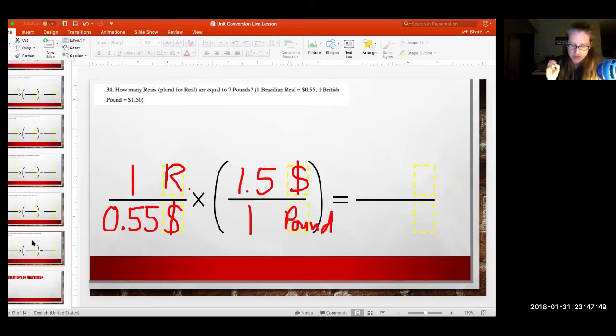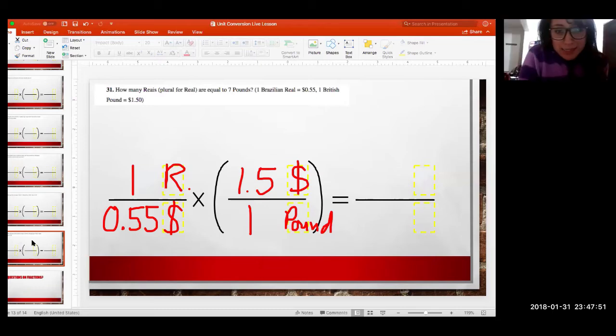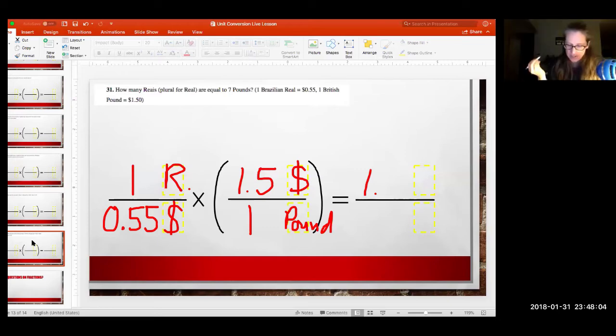Okay. And it gives me the same values because I multiply by 1. Oh, sorry, I cancel dollars. Oh, you canceled the dollars. Right. Got it.